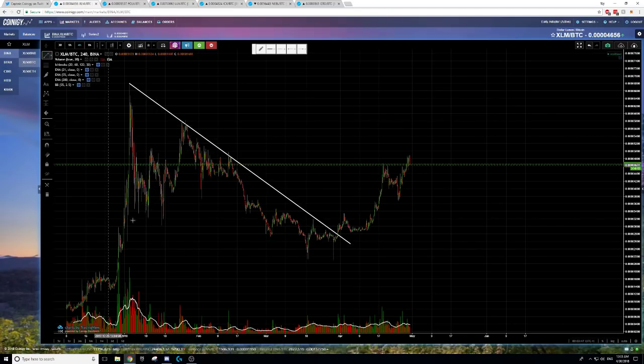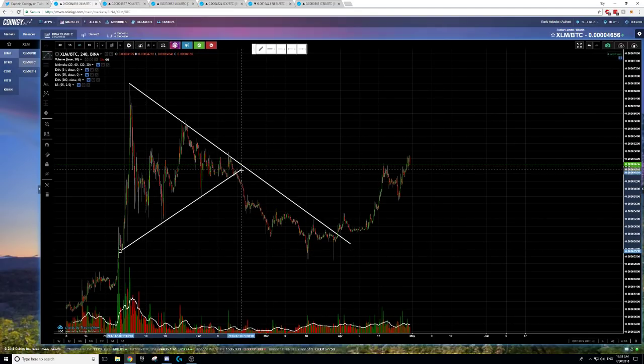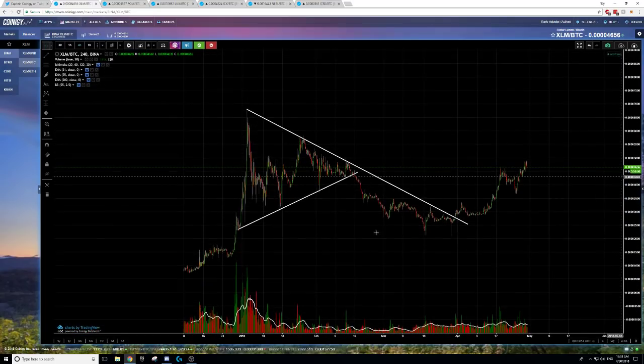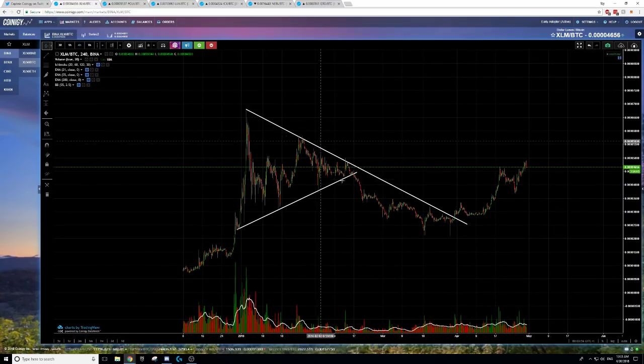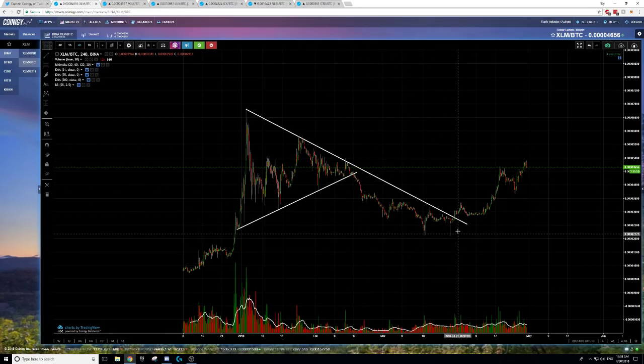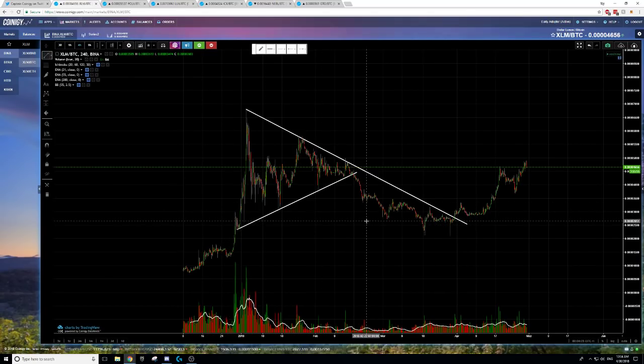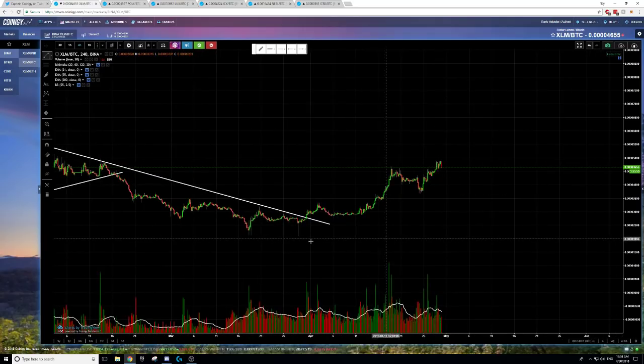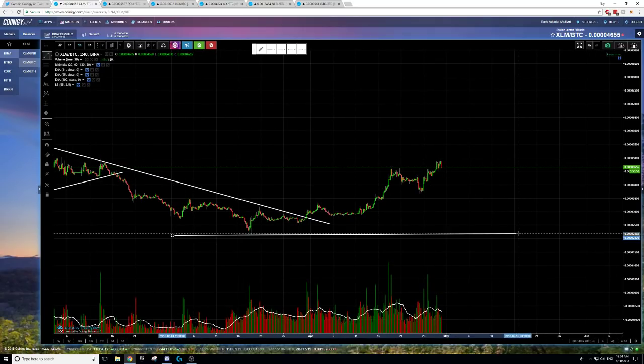But also we can just show you guys this. This is a pennant, right? The triangle, lower highs, higher lows up until the very tip, and then it breaks out to the bottom where it continues a much longer downtrend, where it looks like it kind of found support.